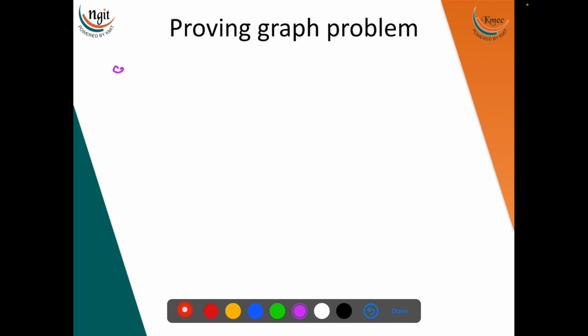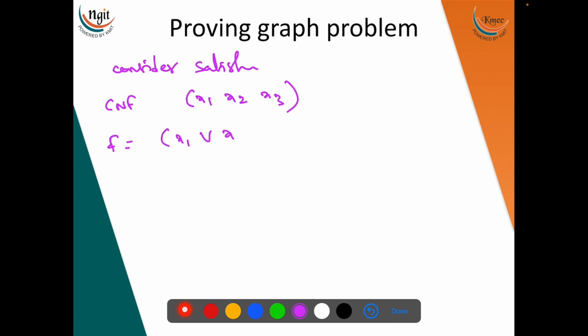Now consider a satisfiability formula in CNF, conjunctive normal form, with arbitrary variables x1, x2, x3. Now that formula is (x1 or x2) and (x1 or x2 negated) and (x1 or x3).